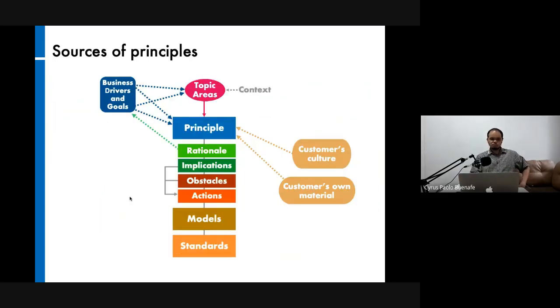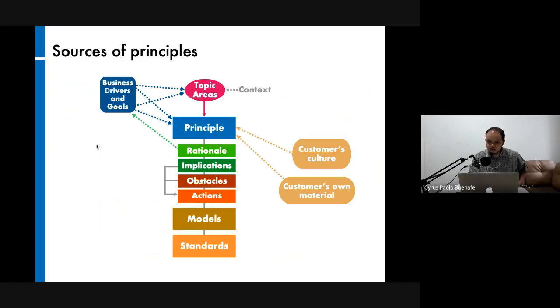So again, just to put things in a 10,000-foot view, principle, which is our current topic, is at the heart of it. But notice that your principle will need to borrow or leverage a lot of the material from your drivers and goals. Other sources of principles can come from your culture, from the materials of the customers.